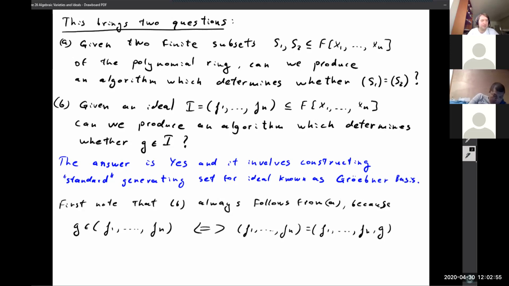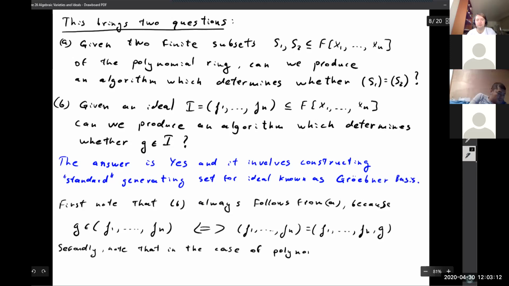And also, secondly, note in the case of polynomials in one variable, well, both questions are solved by division algorithm.